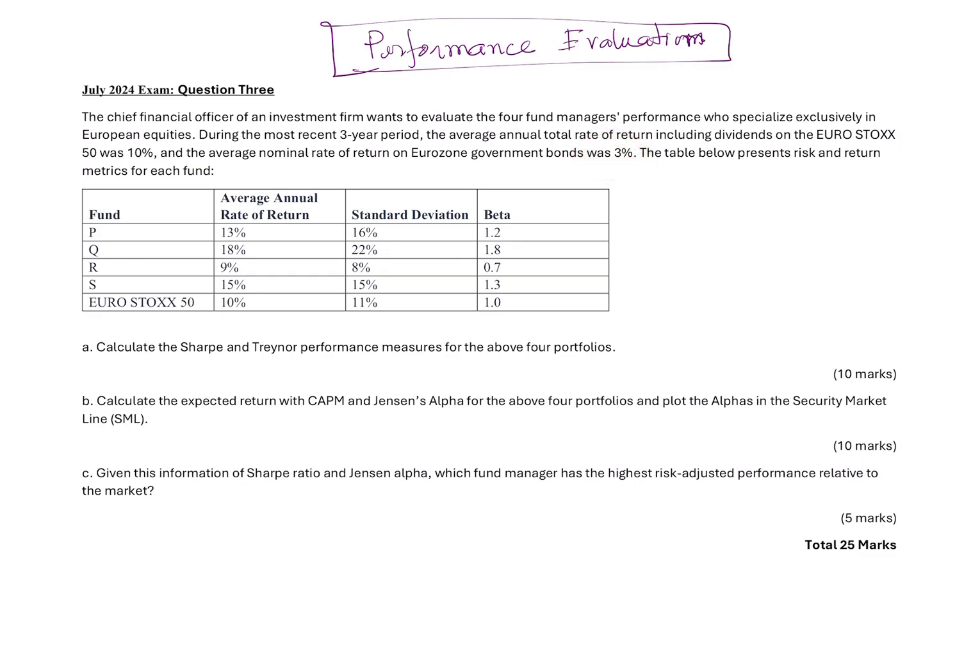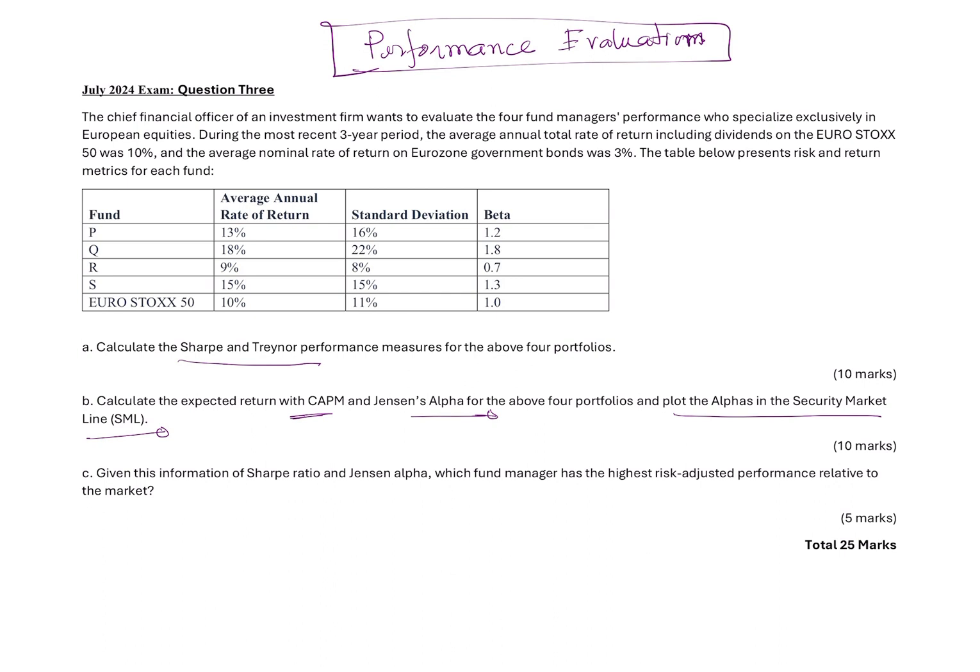What we need to do is calculate the Sharpe ratio and Treynor performance of these portfolios. We also need to calculate the CAPM expected return and alpha for those funds, and plot the alpha against the security market line, which is interesting to look at.